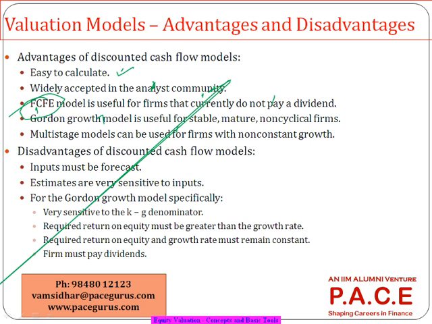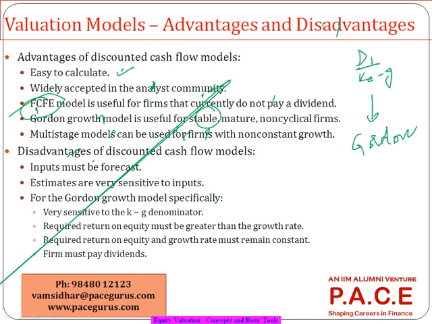And the infinite growth formula which we have used, D1 by ke minus g, is actually the other name for the Gordon model. It was designed by a person called Gordon, so it is called the Gordon model. You use it where you find stability, because the growth rate should be constant, not a scenario of very high growth and low growth.